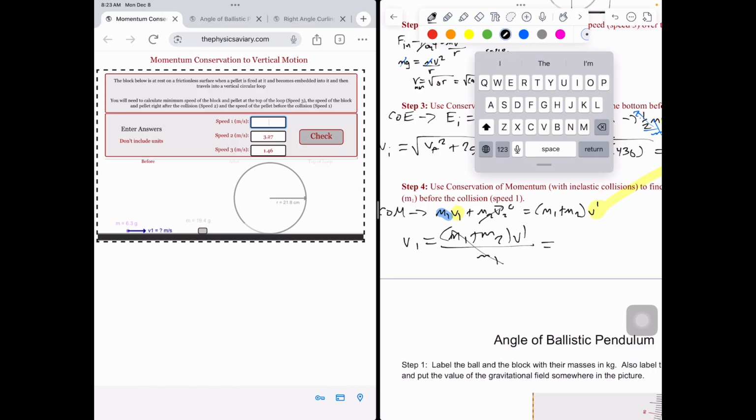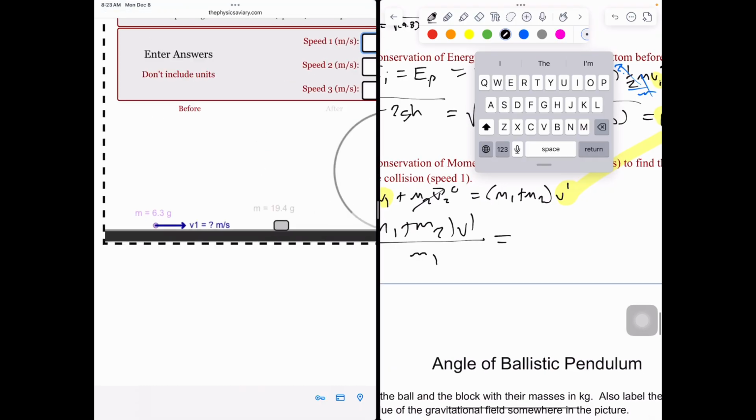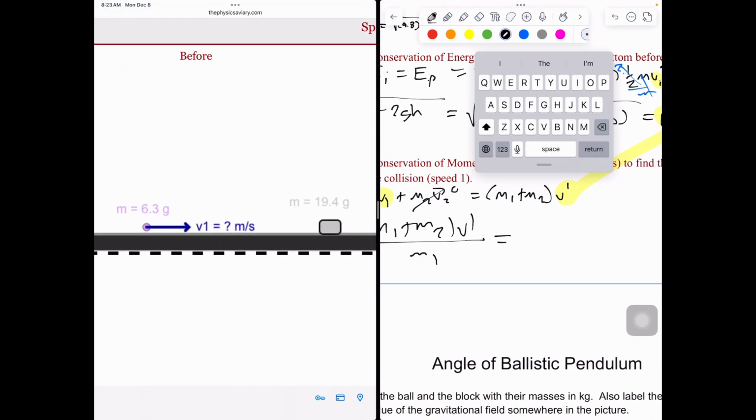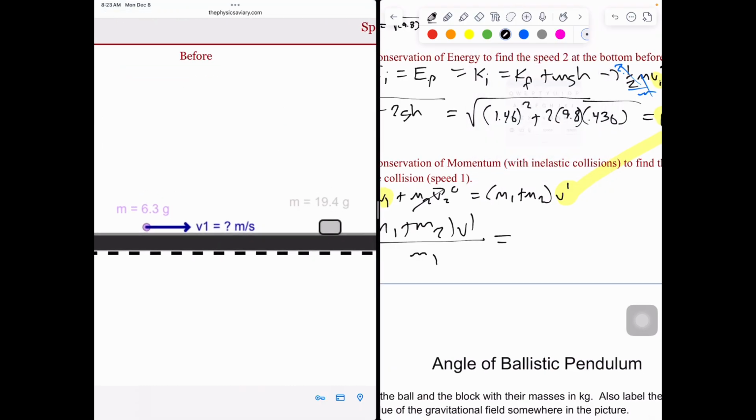Please don't cancel those, right? The plus here forbids that. So adding your two masses, now for me, I'm going 6.3 plus 19.4, and then I have to convert from grams to kilograms, so let's move that decimal 3 to the left.